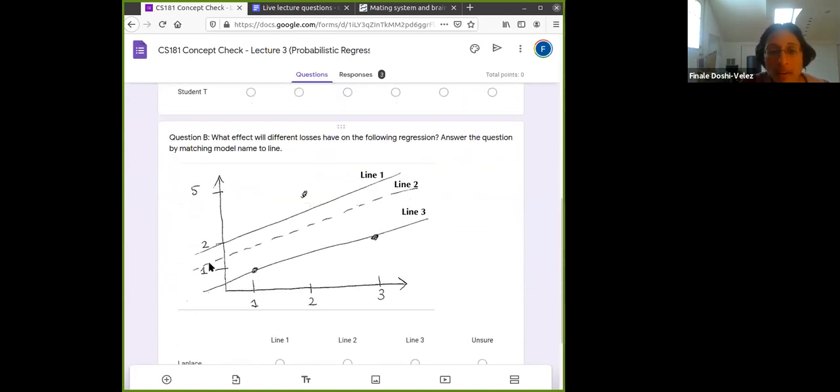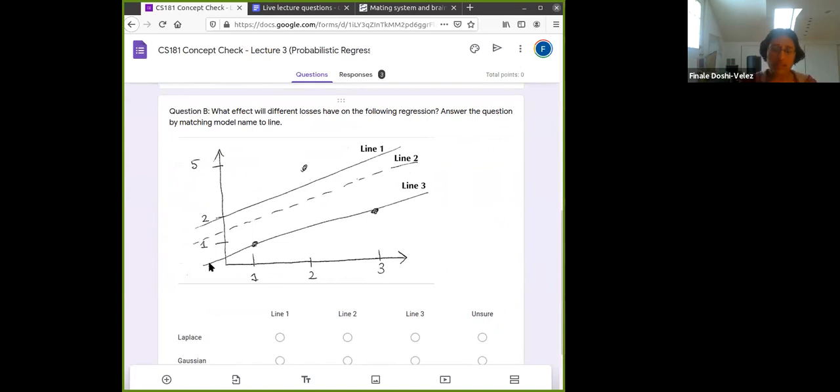The next part is to suppose you have a situation, here's X, here's Y, and we have just 3 data points. We want to fit a line to these data points. One data point is out here, and the other two are kind of forming a line.